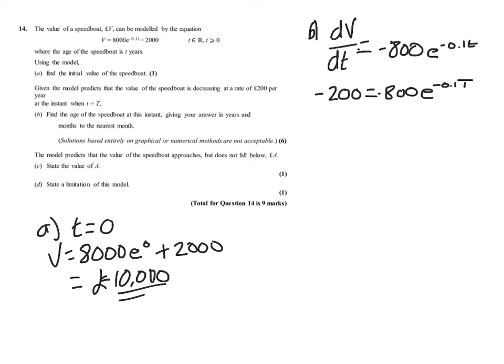So you've shown that you can differentiate it. You know it's referring to the rate of change, and we've got to put it equal to negative 200. I do a bit of rearranging. Negative 200 over negative 800 gives me a quarter equals e to the negative 0.1 t.